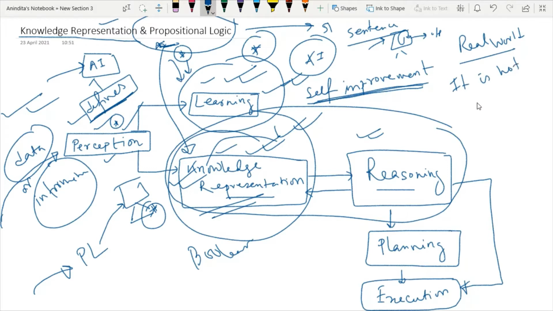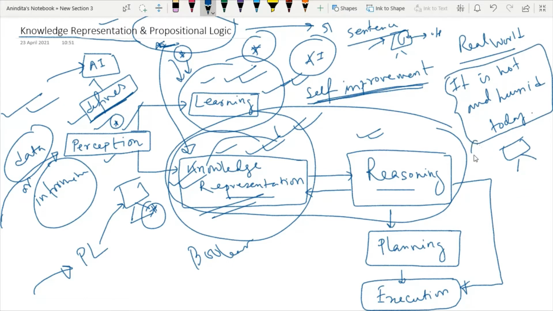So the machine won't understand. This set of information will not be understood by your machine.